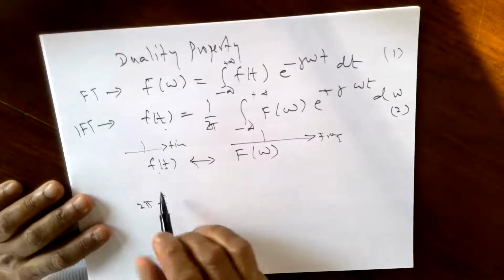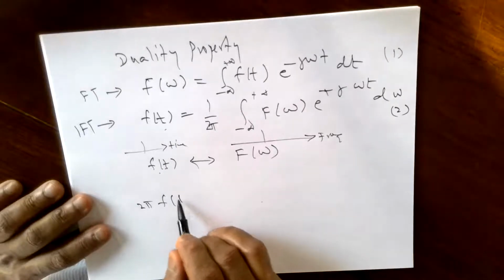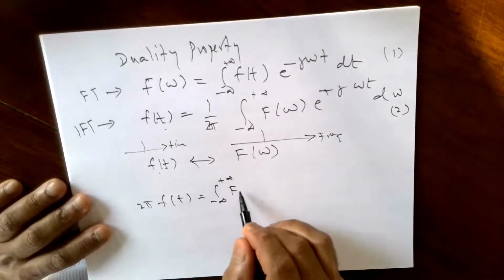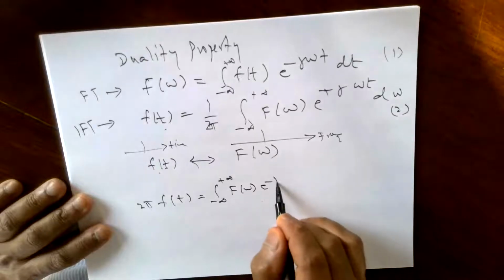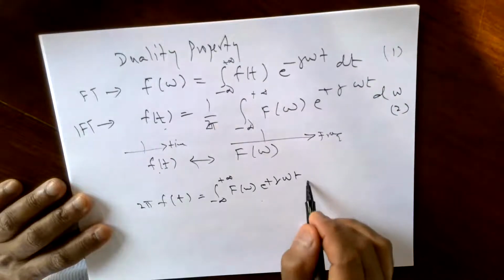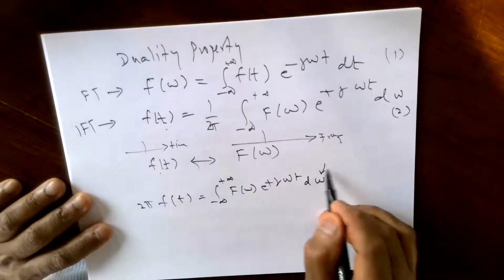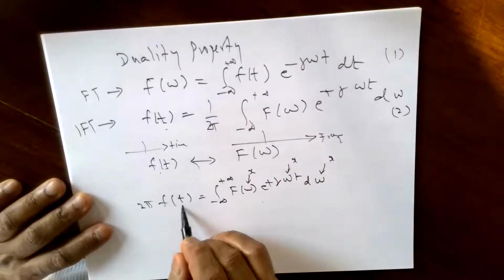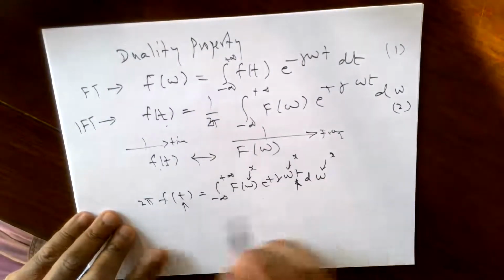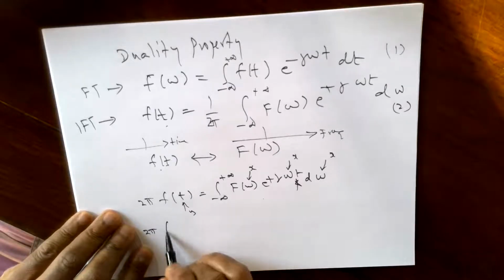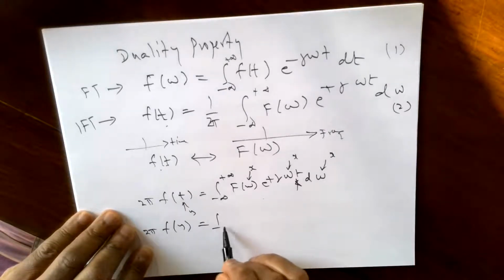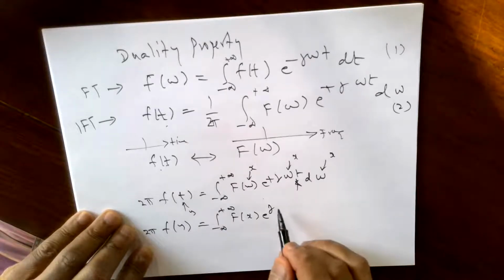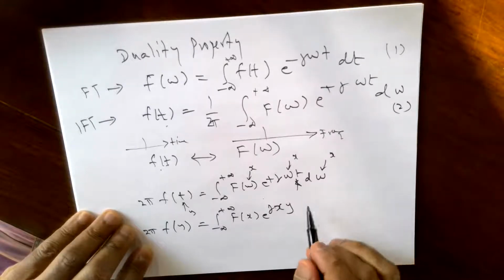I multiply by 2 pi, so 2 pi f(t) is the integral from minus infinity to plus infinity of F omega e raised to plus j omega t d omega. Omega is a running variable, so I'm going to replace it by x, and t by y in the next line. So this now reads 2 pi f(y) equals the integral of F(x) e raised to j x y dx.